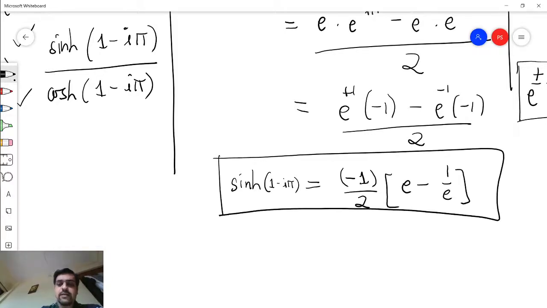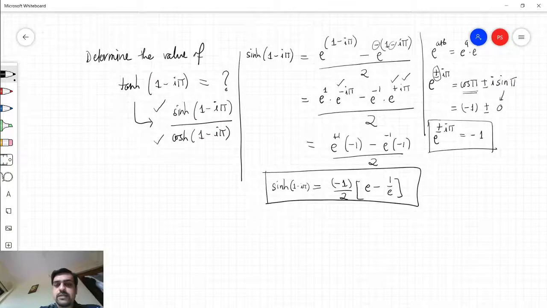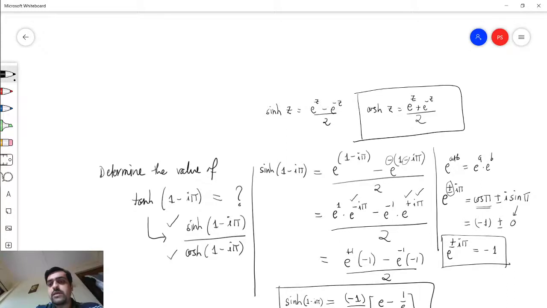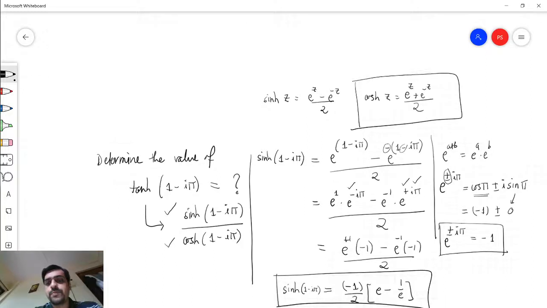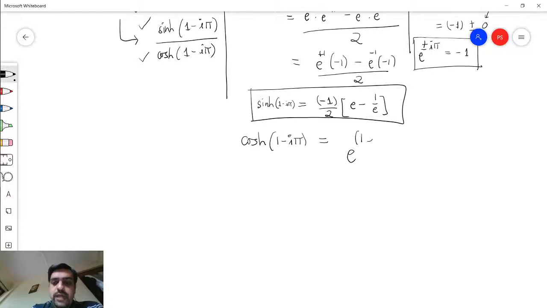Now similarly we can try with the other expression, which is cos hyperbolic of 1 minus i pi, using the formula cos hyperbolic of z equal to e raised to z plus e raised to minus z by 2. So here we have e raised to 1 minus i pi plus e raised to minus 1 minus i pi, divided by 2.